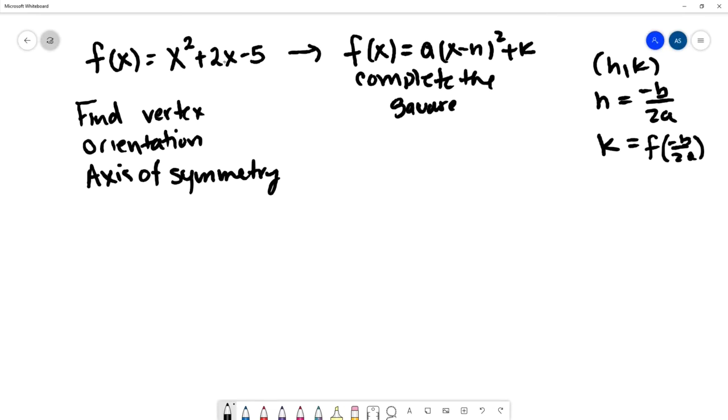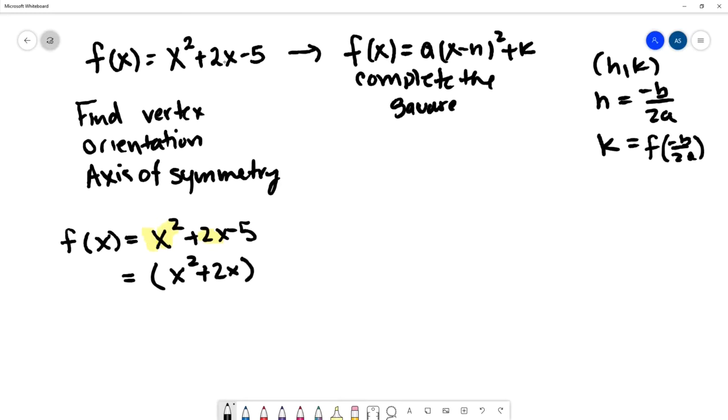So I'll do the harder one first, which is using completing the square. We have f of x equals x squared plus 2x minus 5. If I use completing the square, you want to factor out any coefficient you have and then group your x terms together. So we don't have a coefficient, we'll just group those x terms together.